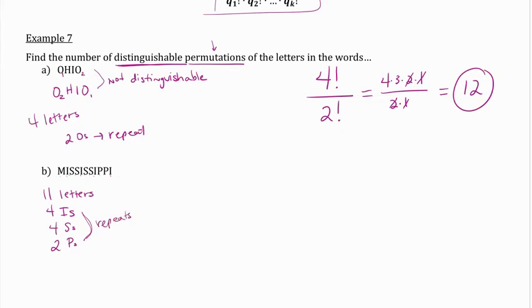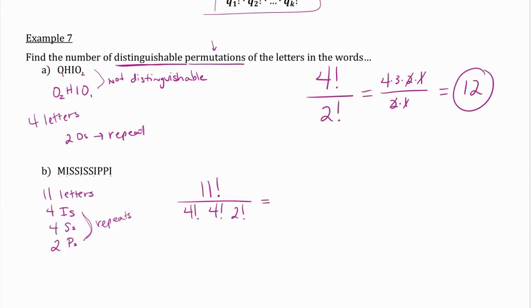So 11 total letters, so that's 11 factorial on top, and then we're going to divide by all of the repeats. The 4 factorial divides out our I repeats. Another 4 factorial divides out our S repeats, and a 2 factorial will divide out the P repeats. Now again, you can type that in your calculator.